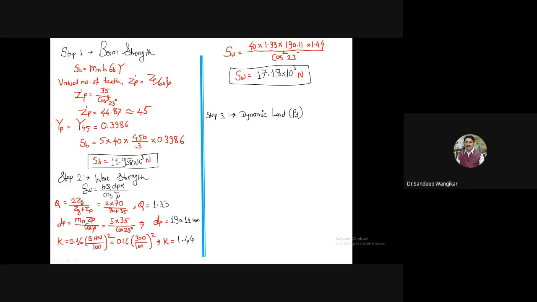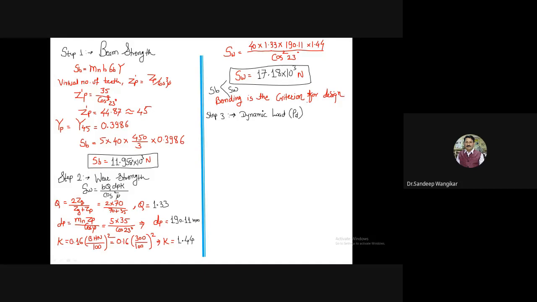So I will simply say that it clearly indicates here in this case SB is less than SW, and therefore bending is the criterion for design. Bending is the criterion for design.